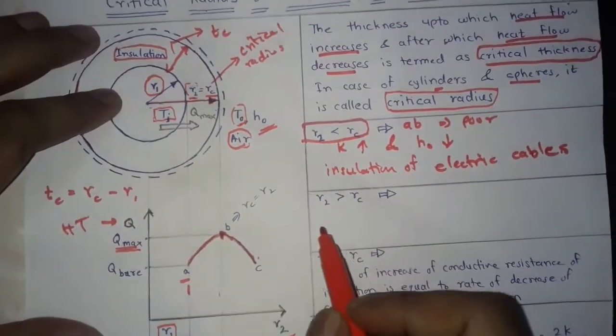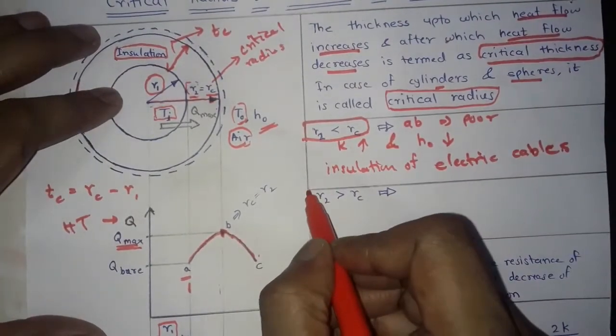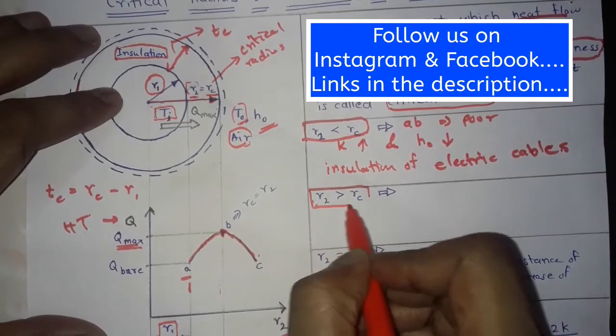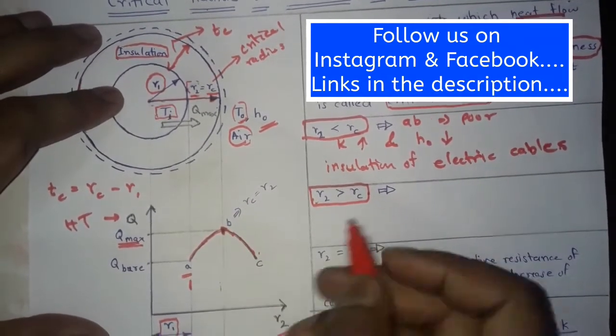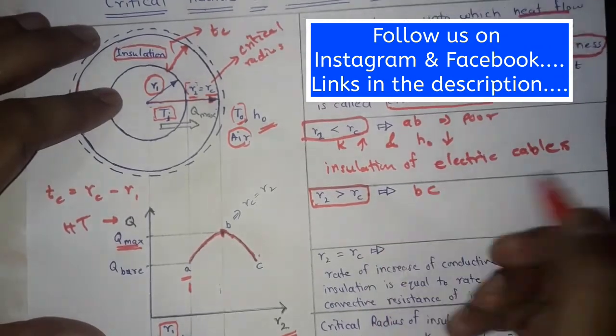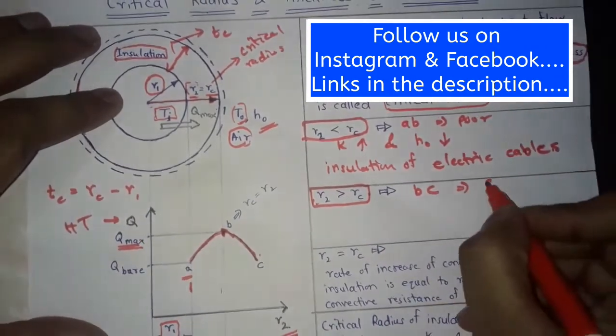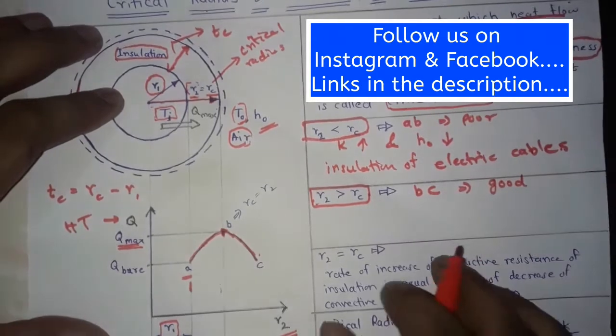Further, the next case is r2 greater than rc, that is the portion BC. Here friends, we use good insulating material.